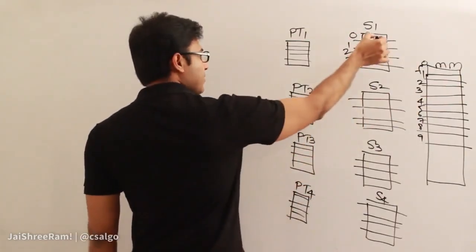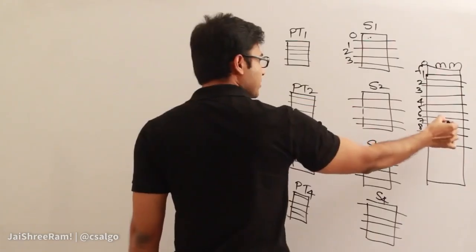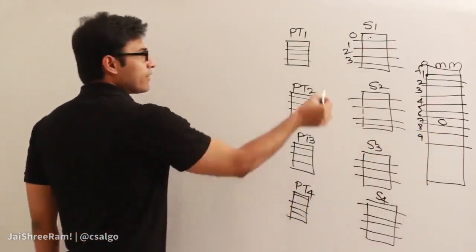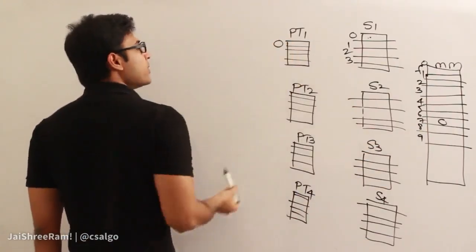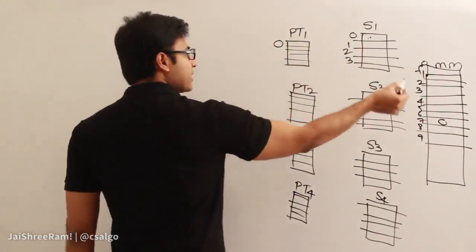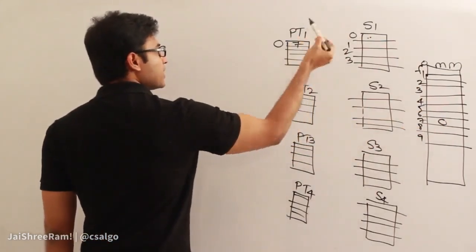In case page number 0 of S1 is loaded in, let us say, frame number 7 of main memory, then in the page table the corresponding entry of page number 0 will say that page number 0 is loaded in frame number 7. That is what it contains.